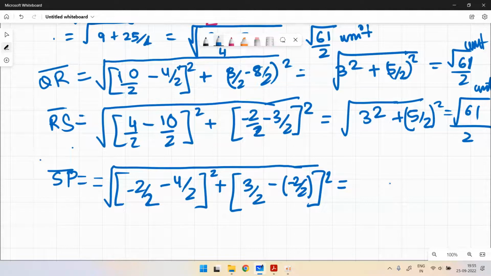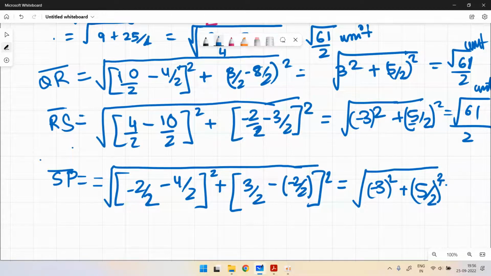Directly substituting the values, this is under root of (-1 - (-6/2)), which is 3 squared, and -3 or 3 squared is the same. So this is also correct; no need to bother about this. Plus (3 - (-2)), which is plus 2, so 5/2 squared. If you solve this, it will ultimately give you under root 61 by 2 unit. So you can see that all four sides are equal.